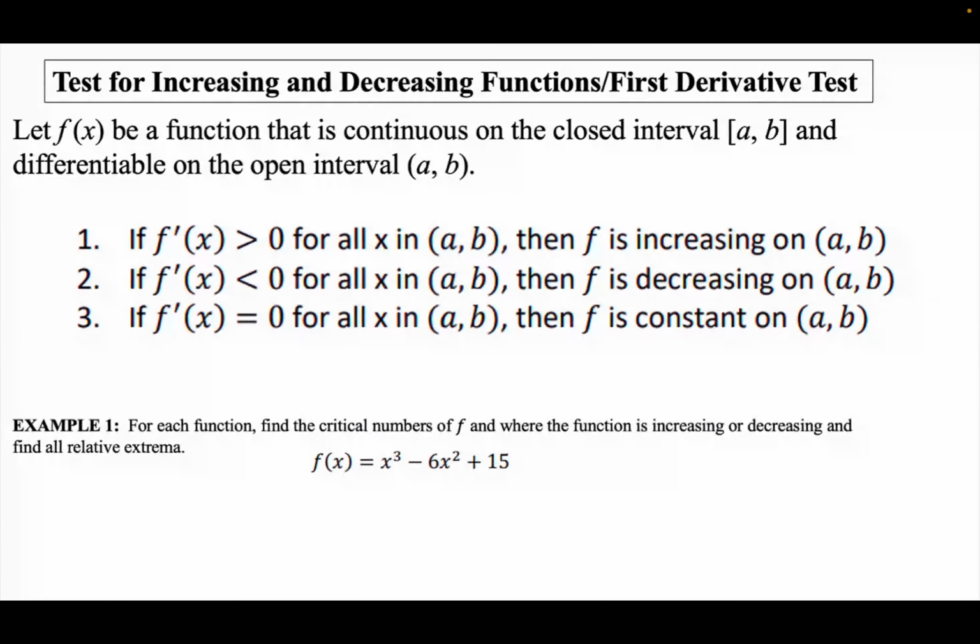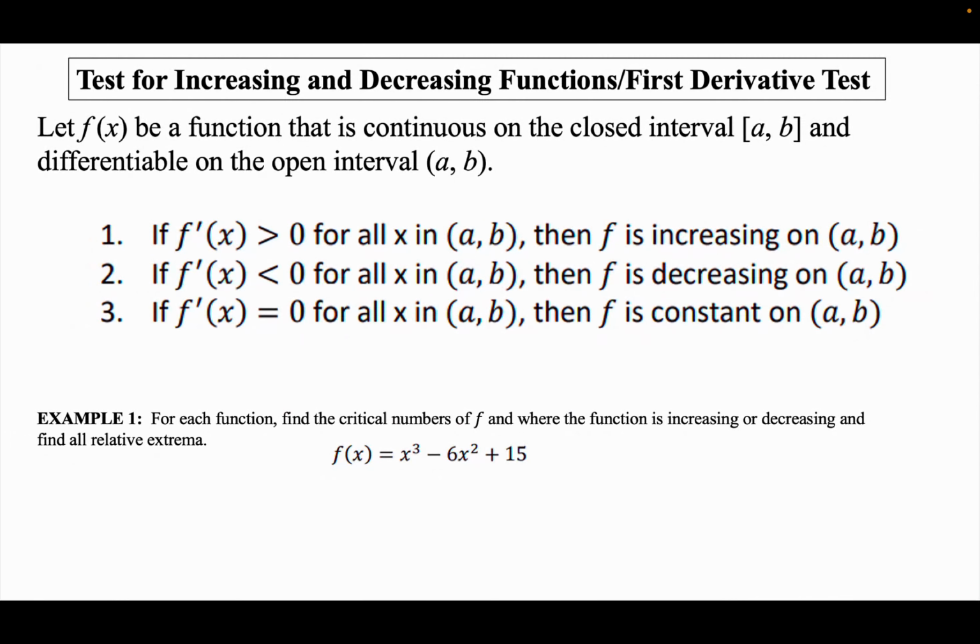So how are we going to find those numbers? Well, we're going to use what's called the first derivative test, because we're going to use the first derivative. So what does the first derivative say? If f prime is greater than 0, what does that mean?